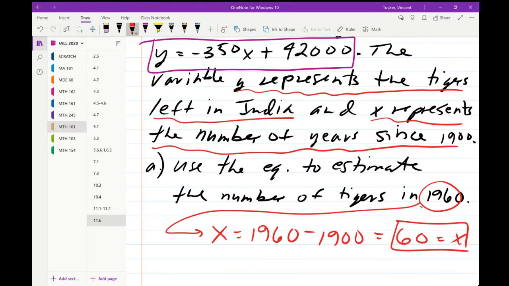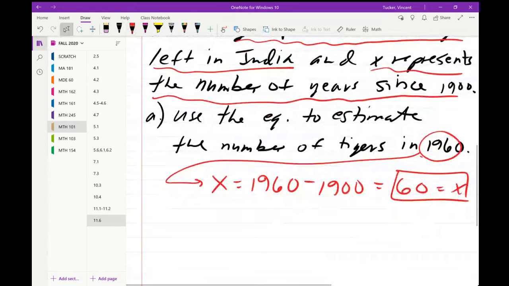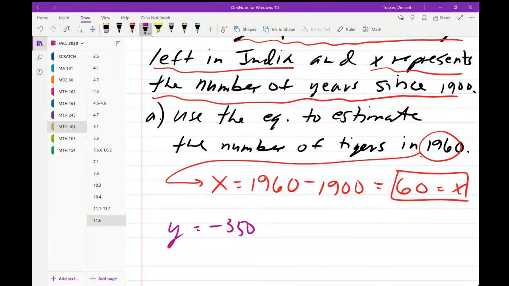All right, so then we'll plug it in. y is equal to negative 350 times 60 plus 42,000.